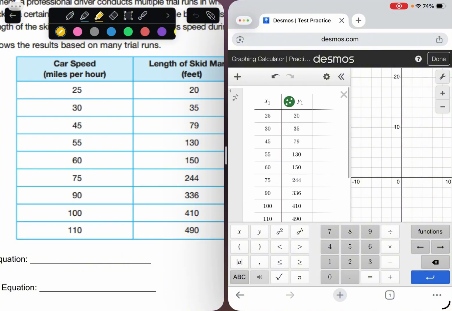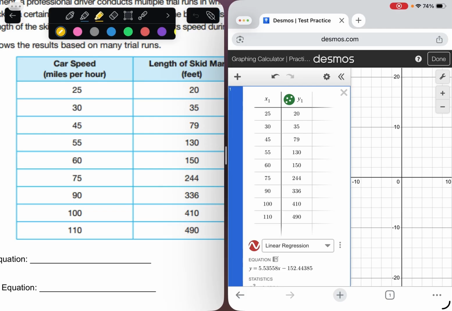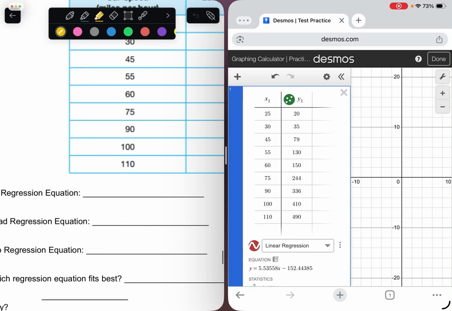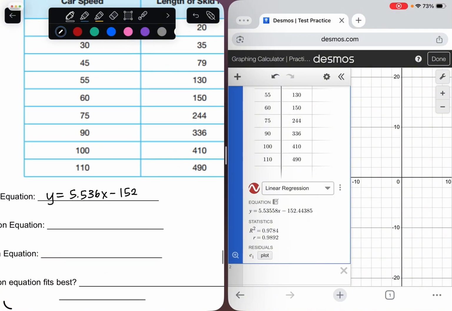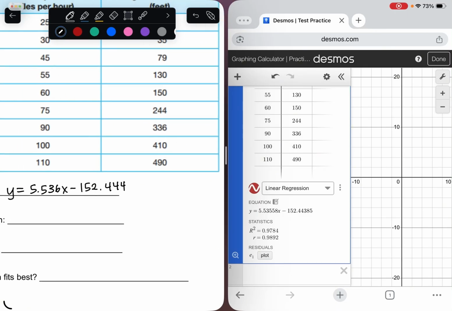Okay, and so clicking the regression symbol, my linear regression is, let's keep 3 decimal places for each one. So we have y equals 5.536x minus 152.444.